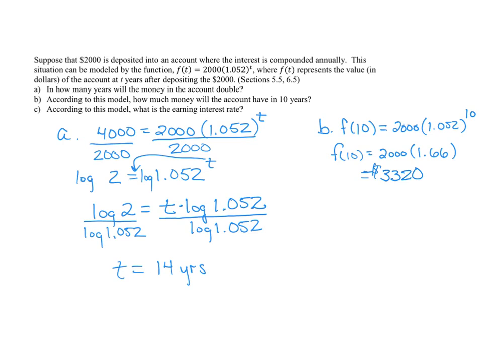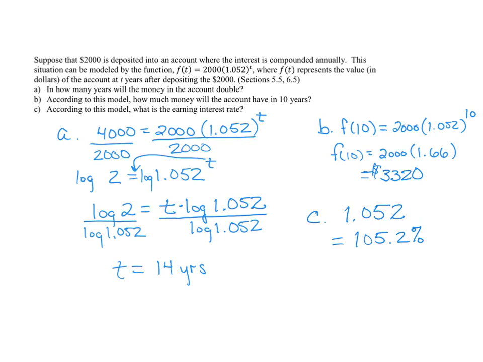Okay, for part C, we have what is the earning interest rate? So again, we're only going to look at our base multiplier. We have 1.052. If I wrote this as a percentage, this is 105.2%. Now keep in mind that we're just putting money into this account. We aren't taking anything out.